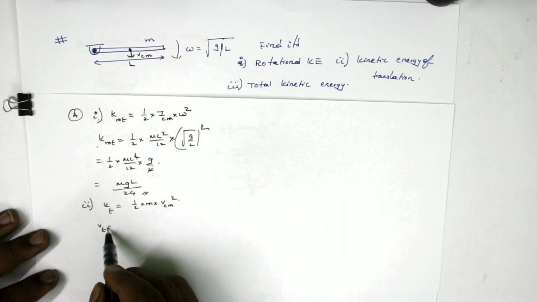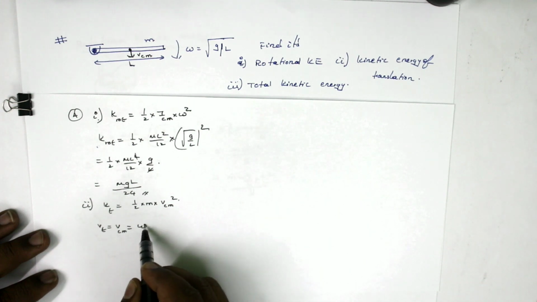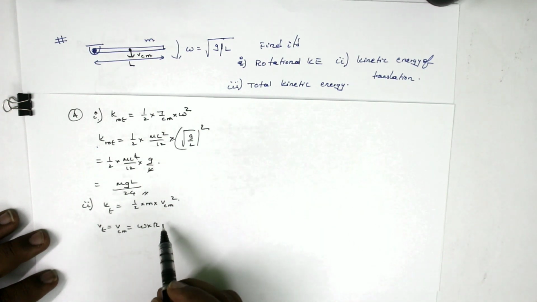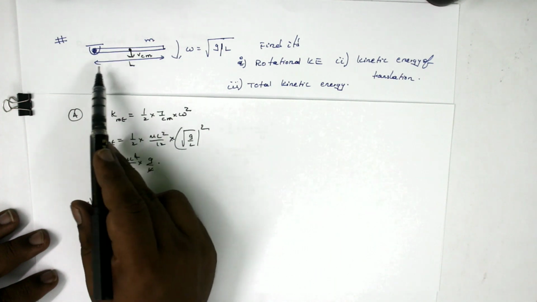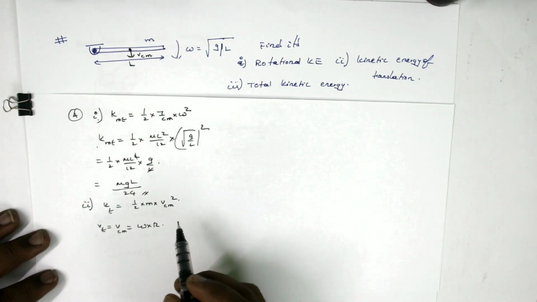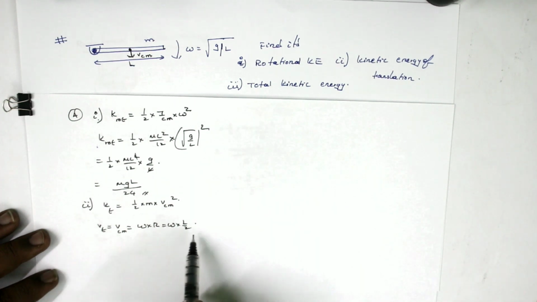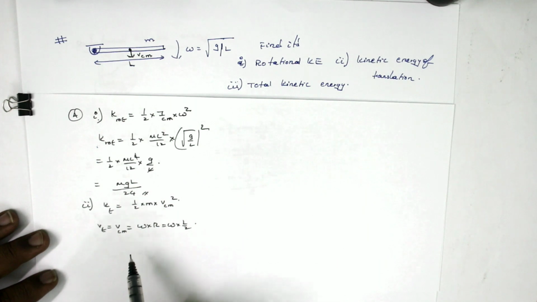So v tangential is equal to v center of mass, which is equal to omega into r, where r is the distance of this point from the axis of rotation. From the axis of rotation this distance is L by 2, so omega into L by 2. So this is our velocity of center of mass.